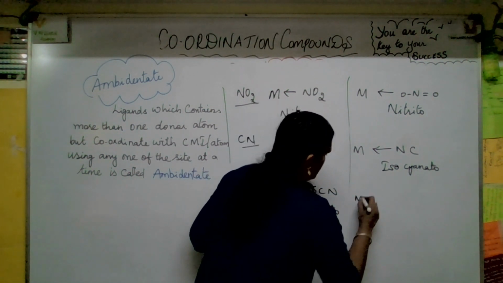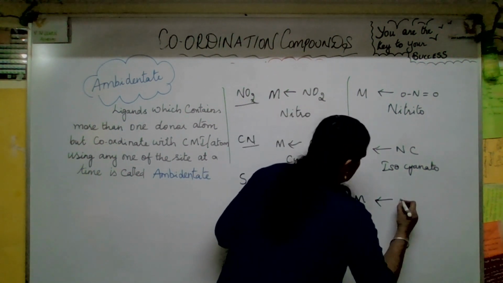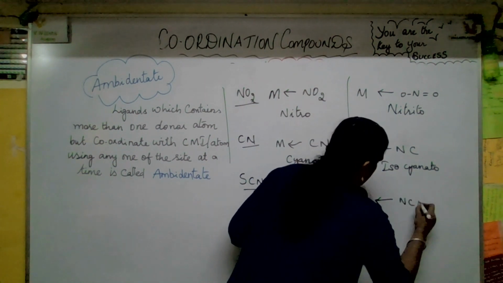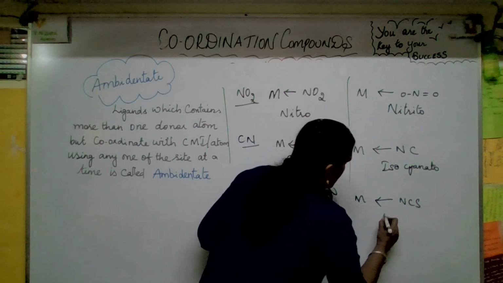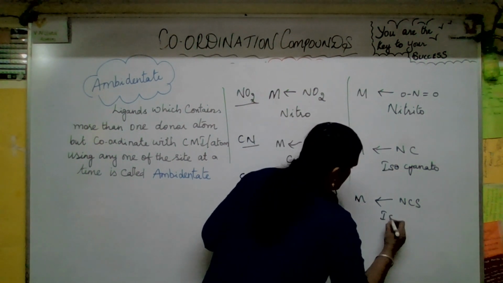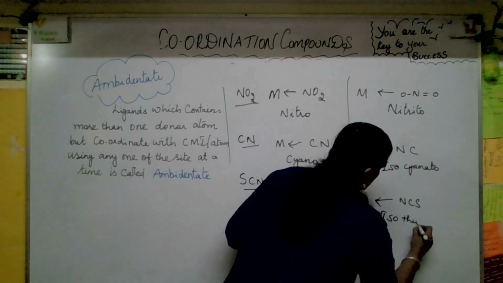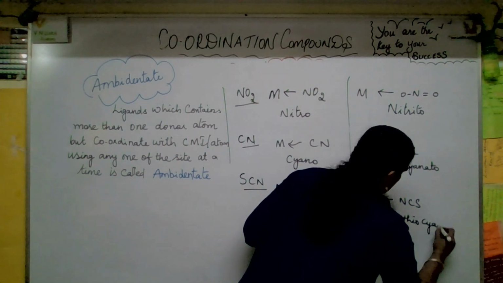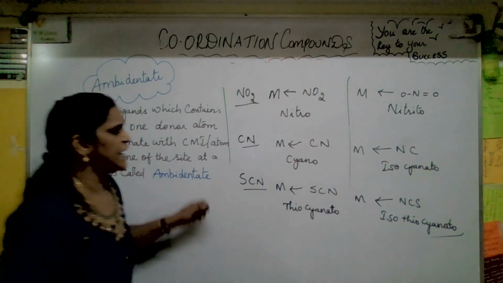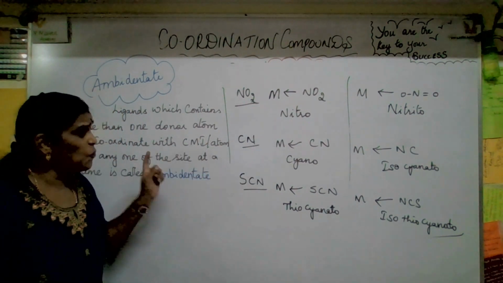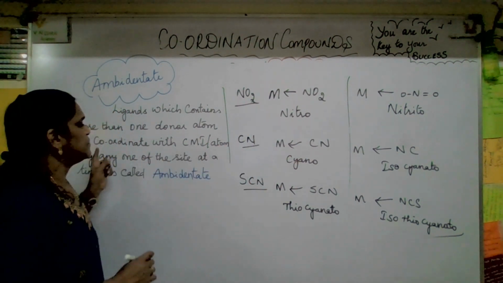Whereas here, NCS, nitrogen is donating, so we say isothiocyanate. In that way we can identify which one donates at a time.